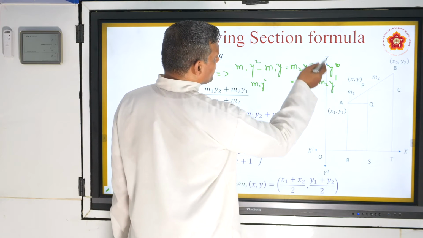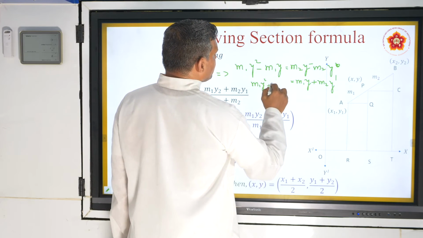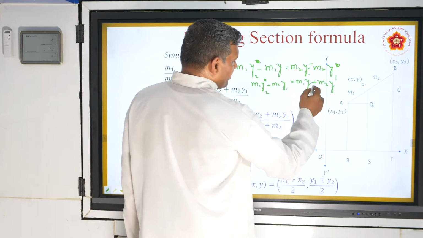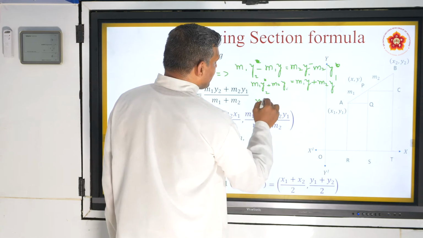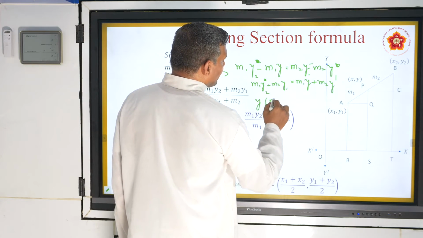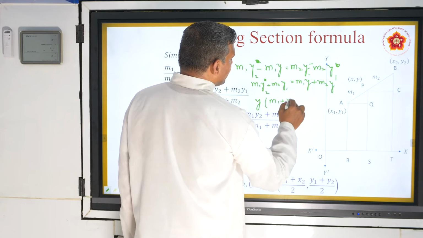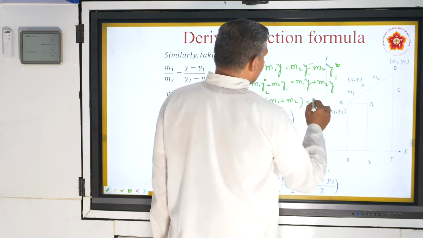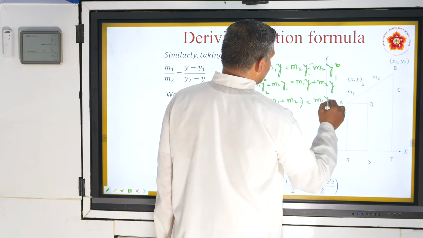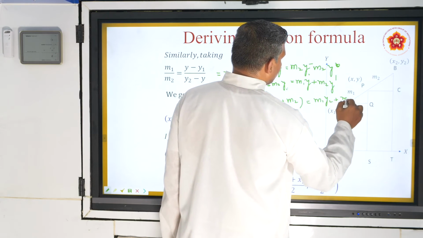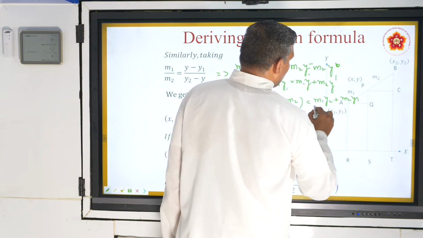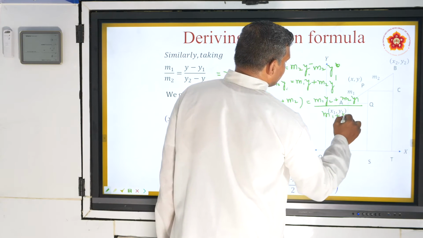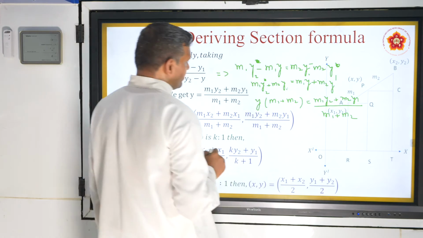Then bring the negative one here, then minus will become plus m2y. And then if I take y common from here, what comes? m1 plus m2 comes, and that is equal to, what else is remaining? m1 y2 plus m2 y1, all divided by m1 plus m2. So this is the derivation.